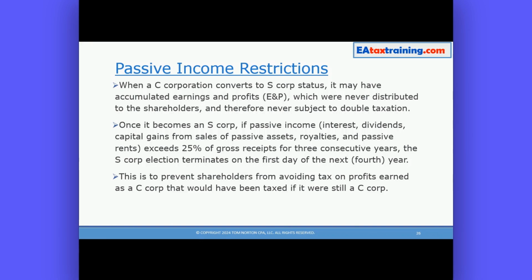So, as we'll talk about, those distributions are not taxable and they could thereby avoid double taxation on those profits. So, this is trying to say, no, we're not going to let you do that.